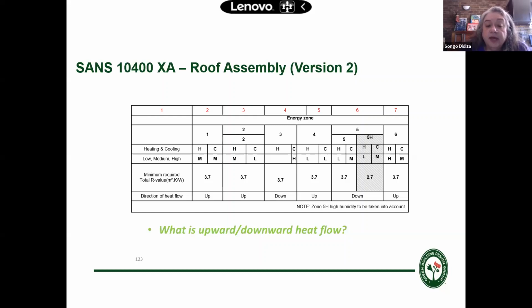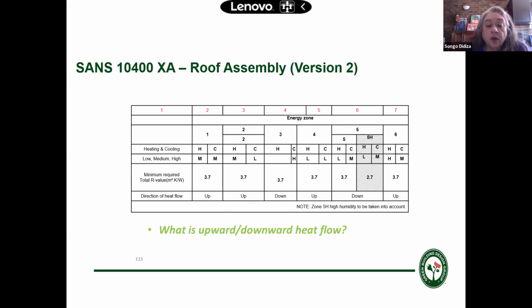Now, this direction of heat flow: when we looked at the heating and cooling energy that's needed to make buildings thermally comfortable for people, we said, okay, when the map was done, when we did all the calculations, what is the driving or dominant energy requirement?